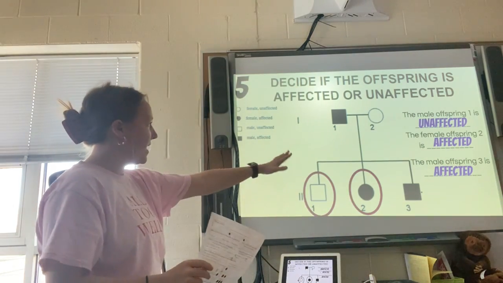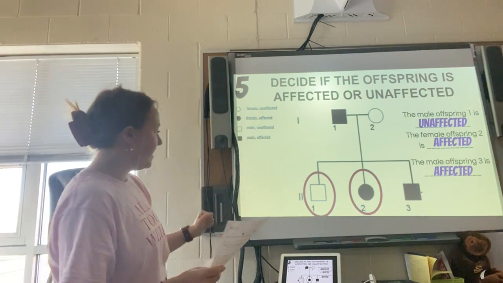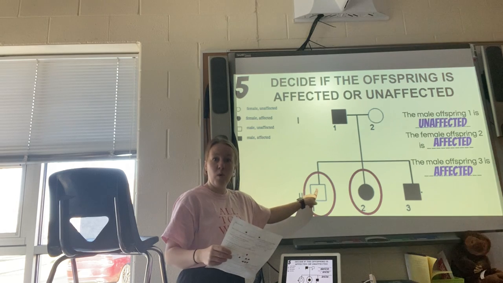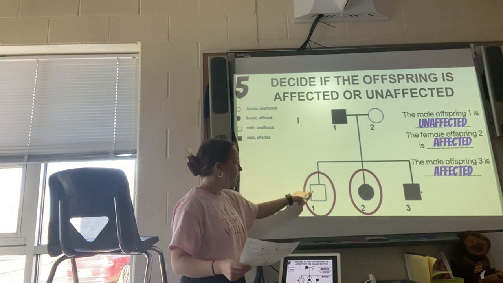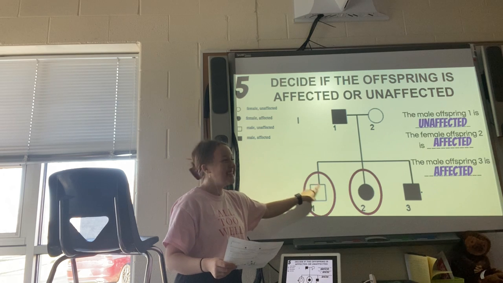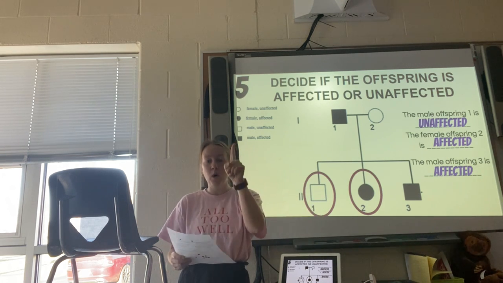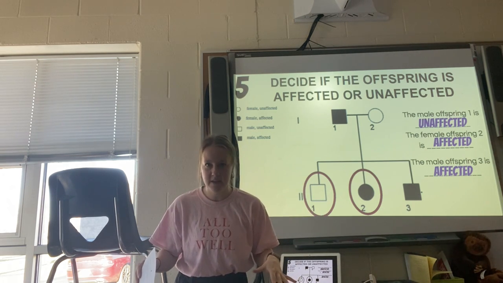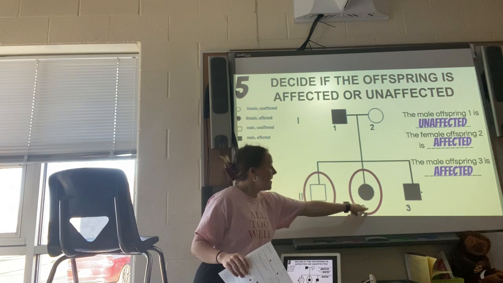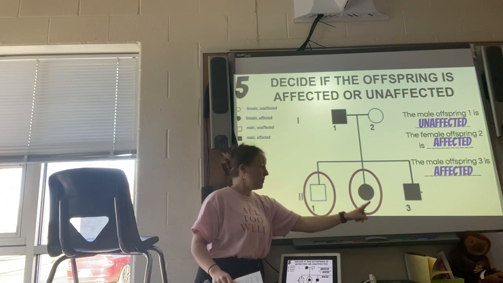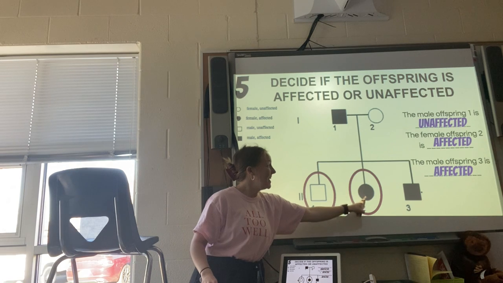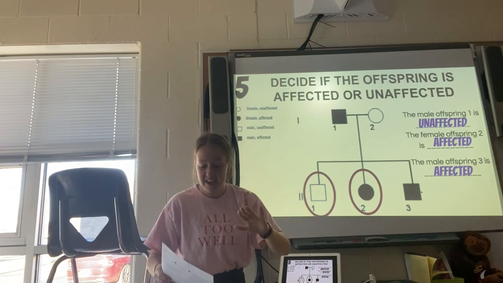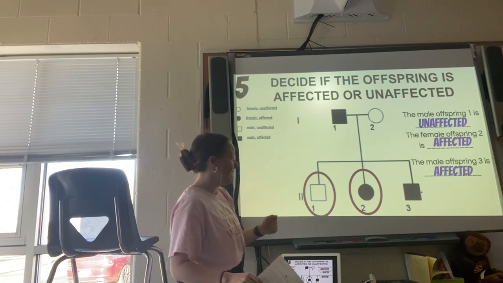So I look here at the bottom, and I see that male number 1, remember, this is a male with a box. Male number 1 is not shaded in. So male number 1 is not affected. Female number 2, so I look, female, because it's a circle, number 2, is affected. It's shaded in, and that means she is affected.